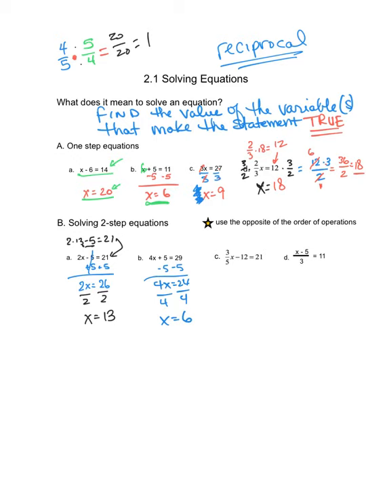Okay, what do you want to do first in letter C? Yeah, that's right. Add 12 to both sides. So now we get 3/5 x equals 33. Now what? Reciprocal. Yeah. Multiply by the reciprocal, which is 5/3.